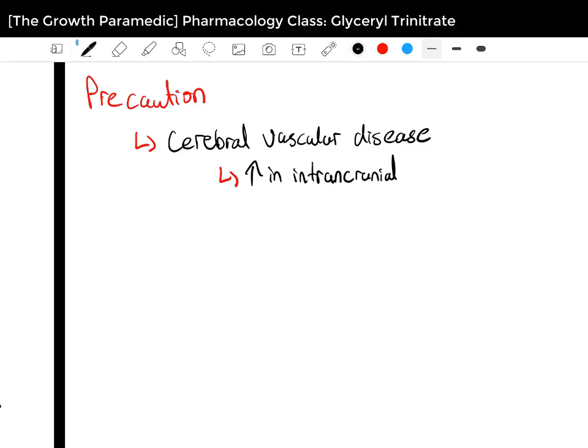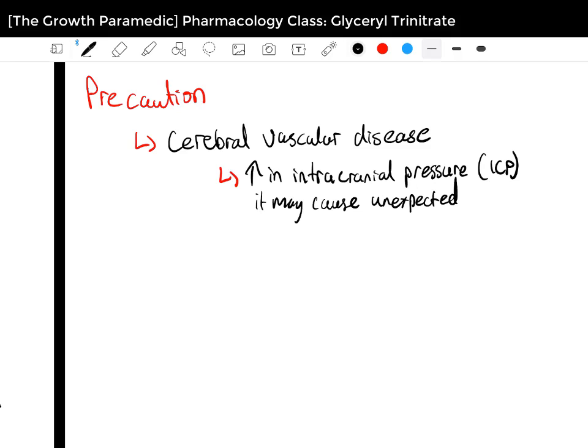intracranial pressure, so ICP, it may cause unexpected stress on weakened vessel walls.